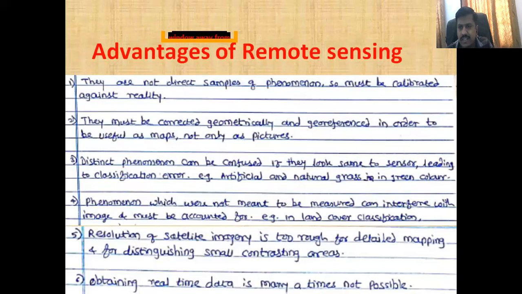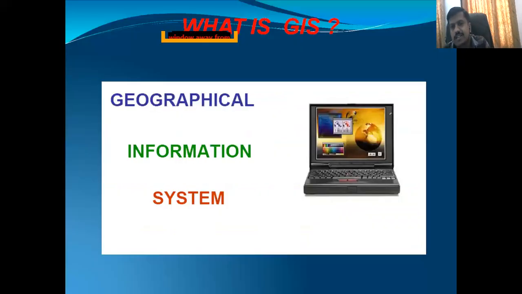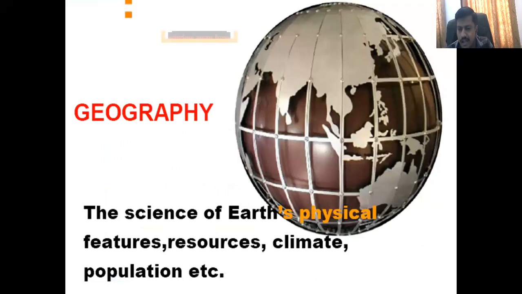Advantages, not interested. Now this is the last bit of our chapter number 4, Geographic Information System, GIS. First we will understand what a GIS is, one by one. This term is divided into 3 parts: geographic, information, system.